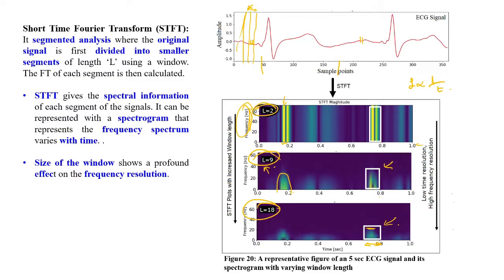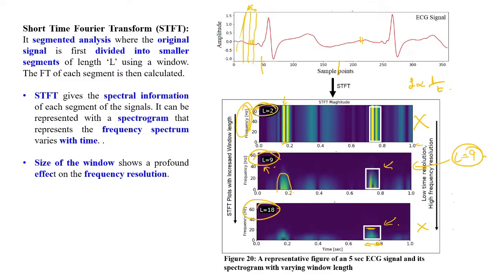So somewhere we have to come to an optimum result. In this case, the optimum result was obtained at L equals 9. Neither the first one nor the third one gives you a proper result. However, you can get meaningful results in between the first and the third, which can give you important information.